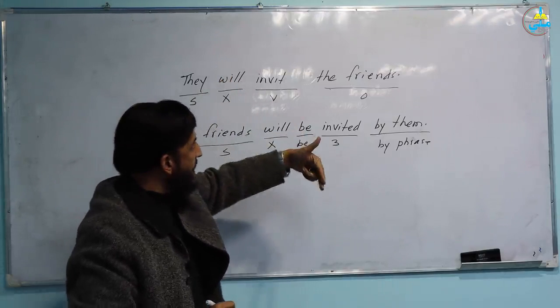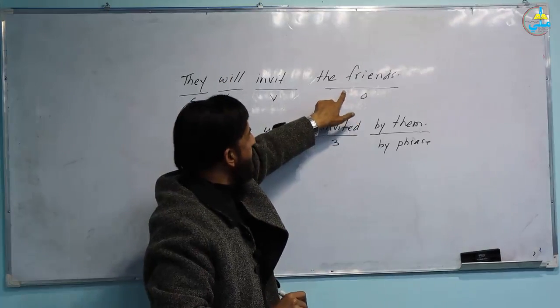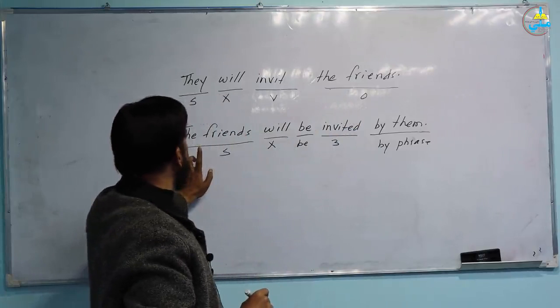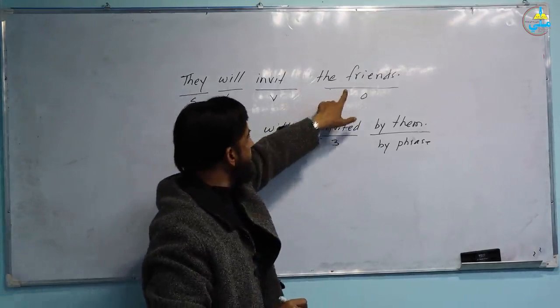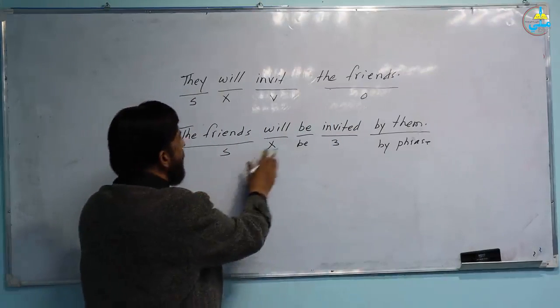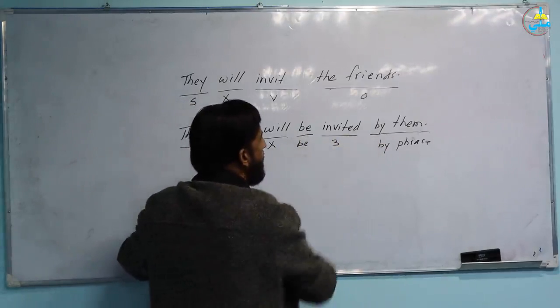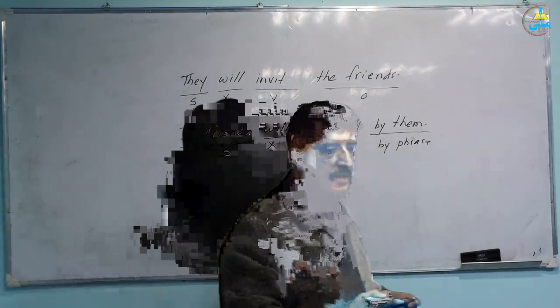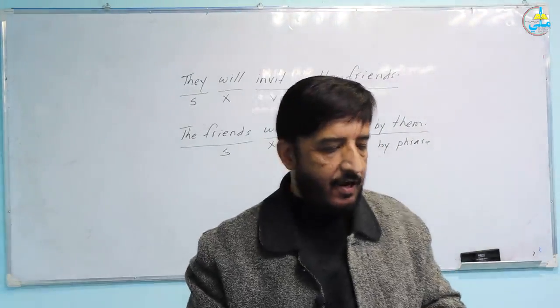When we change it to passive, we make the object of the active sentence the subject of the passive sentence. The friends will be invited by them.